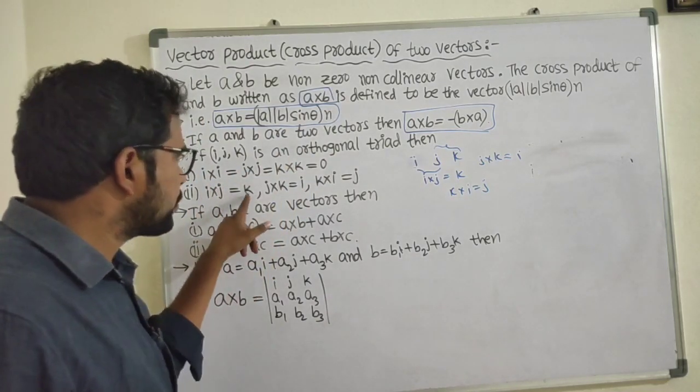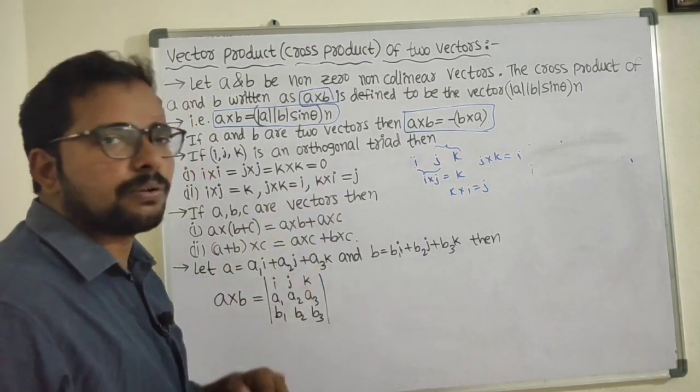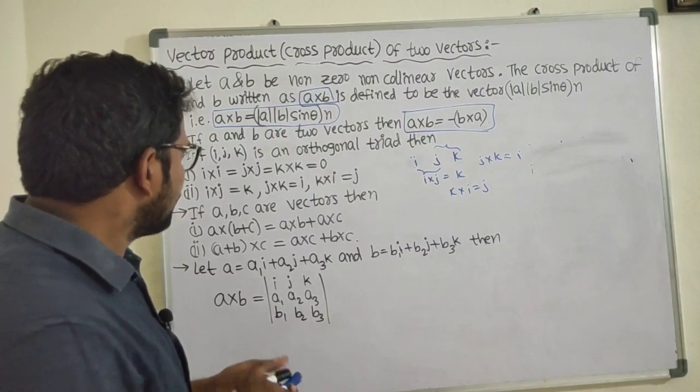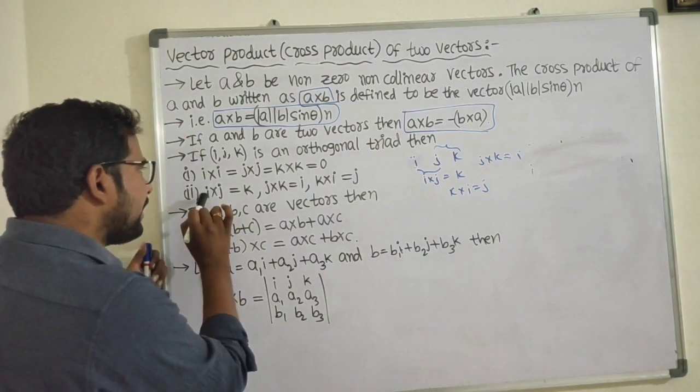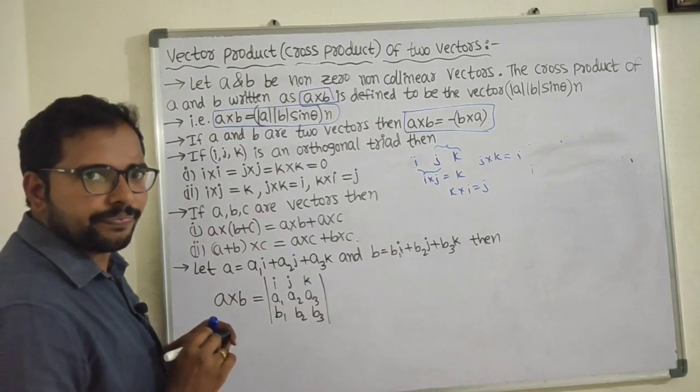i cross j is equal to k, j cross k is equal to i, k cross i is equal to j. Suppose i cross j is equal to k; what is the value of j cross i?